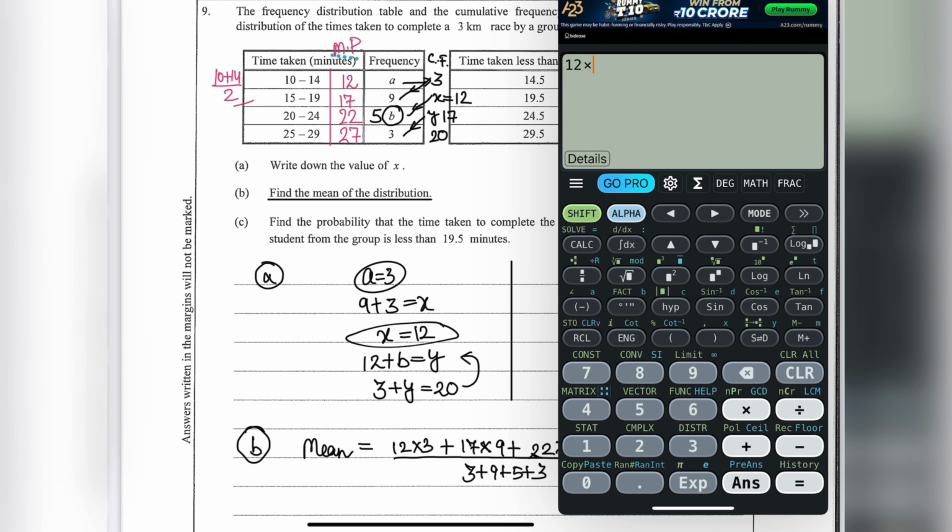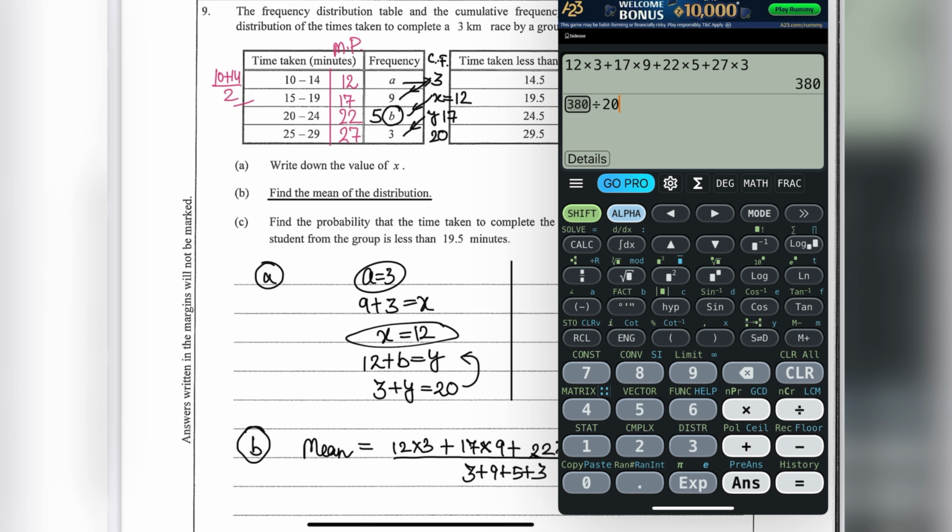So 12 times 3. For MCQ questions, you can directly put it in the calculator and get the answer. 17 times 9, 22 times 5, and 27 times 3 gives 380, divided by the sum, which is 3 plus 9, which is 12, plus 5 is 17, plus 3 is 20.